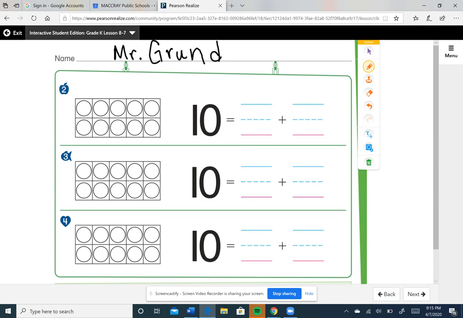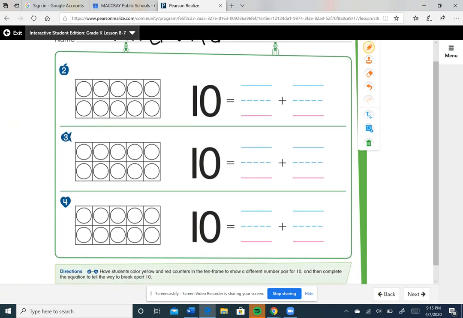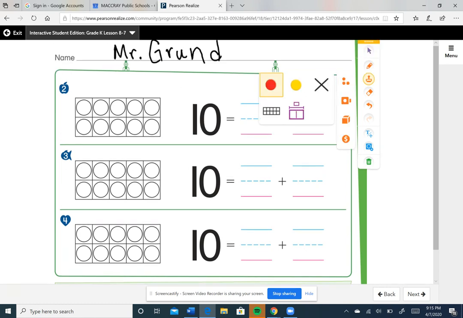And now, you know what you should do? You should use your counters and shake them and then see what you get. So I'm going to pretend to shake mine. And I got this for my first answer.